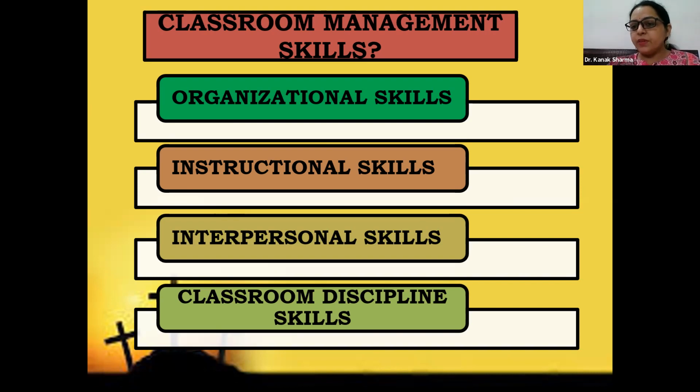Suppose I have to conduct some group activity, and I require a round table type of sitting arrangement, so I will create that. So how much time I will spend on it. So in planning and organization, whatever skills I will require will come under organizational skills.